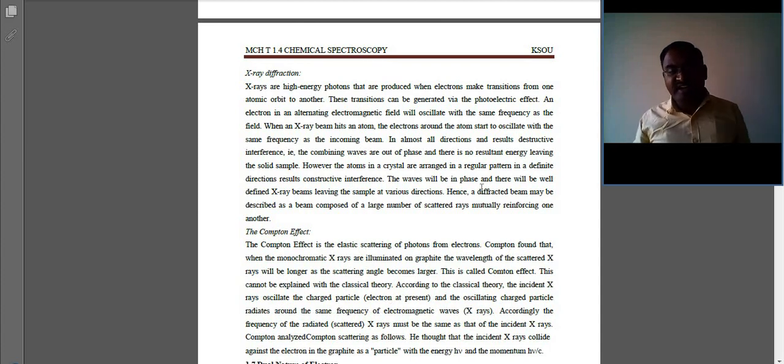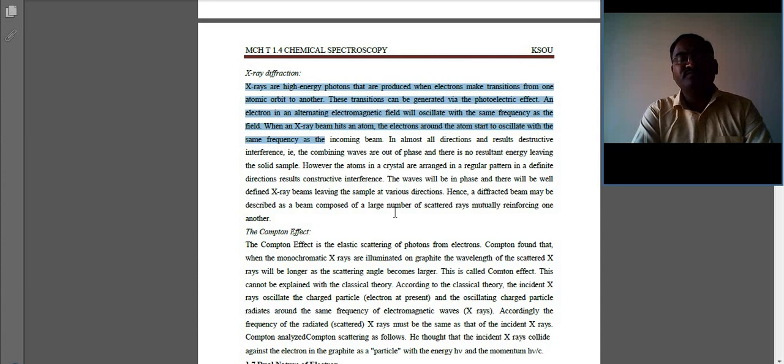That is the X-ray diffraction technique. X-rays are high energy photons that are produced when electrons make transitions from one atomic orbit to another. These transitions can be generated via the photoelectric effect.